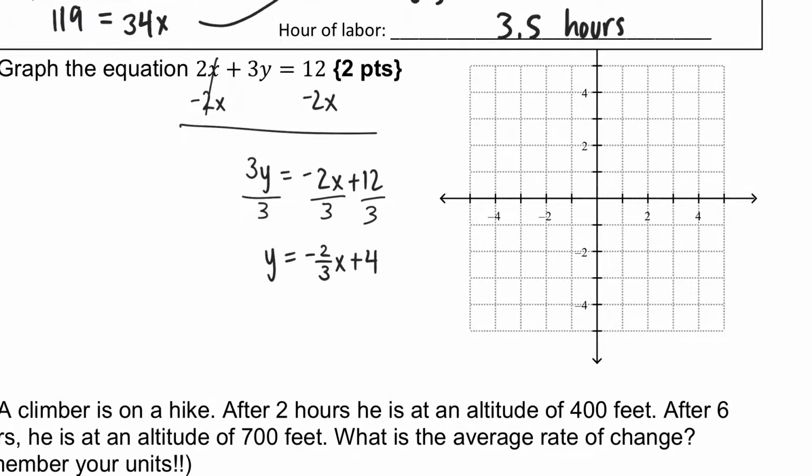So I'm just going to come over and drop a point at 4. And then we're going to go down to right 3. I guess I can only get one point on there. So we'll draw the line there, and that's it.